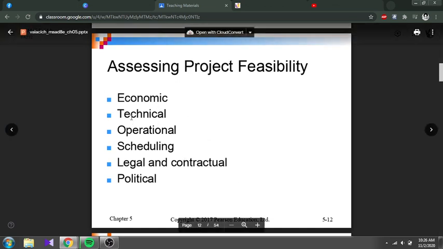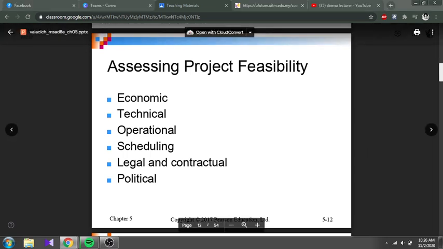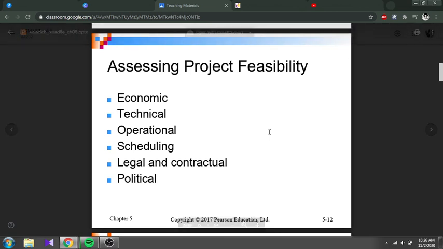How many do we have here? Six. Economic, technical, operational, scheduling, legal and contractual, and political. Together all these feasibility analyses will be in your business case that justifies the expenditure of resources on the project. So we have to examine various feasibility issues.